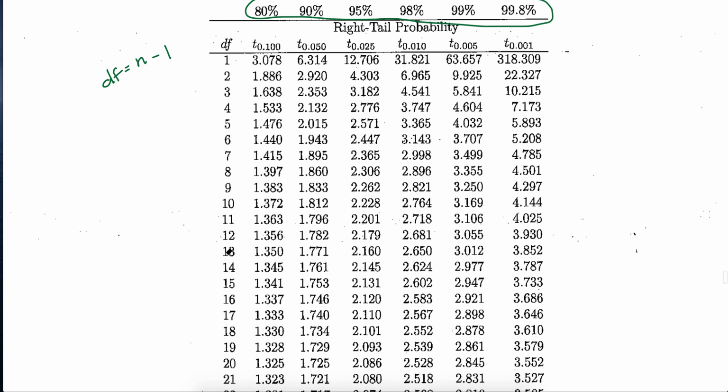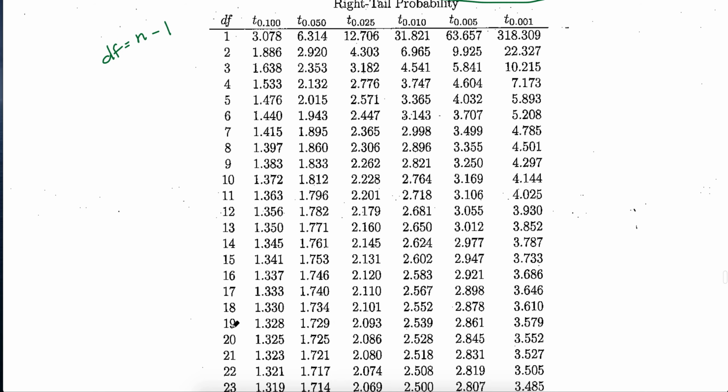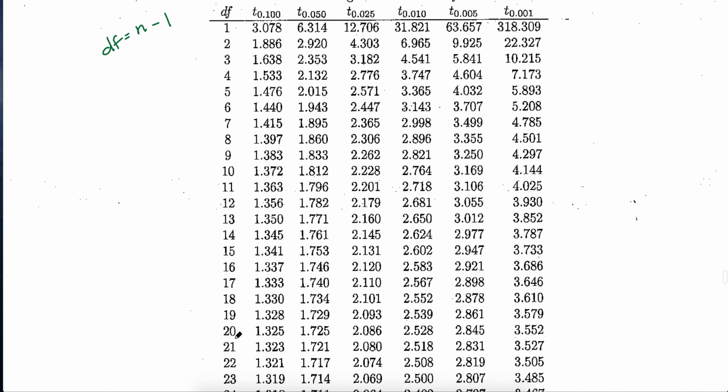If you scroll down for a ways, you'll notice degrees of freedom counts by 1 until you get to about 30. Then after 30, it starts jumping around a bit: 30, 40, 50, 60, and so on. So suppose your degrees of freedom is 39.